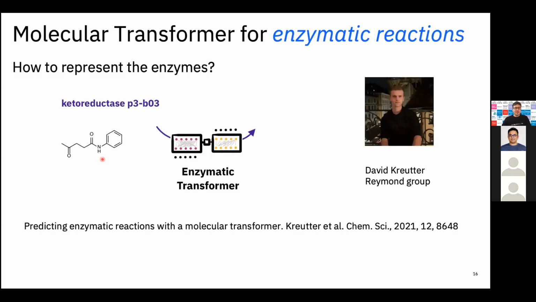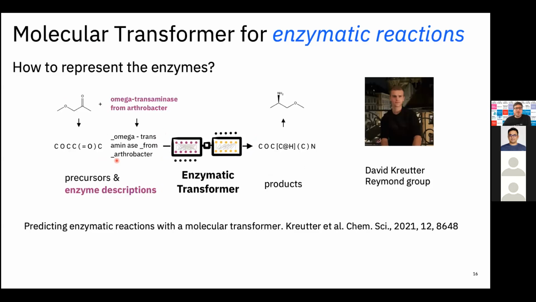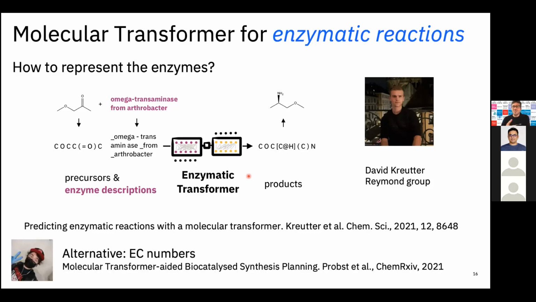I want to show you here the work of David Kreuter, who decided to represent the enzymes as text and pass them as tokenized text, also as input to the enzymatic transformer to then predict the most likely product. There are also alternatives, like the one that was explored by Daniel Probst in this preprint on ChemRxiv, where he used EC numbers to represent the enzymes.